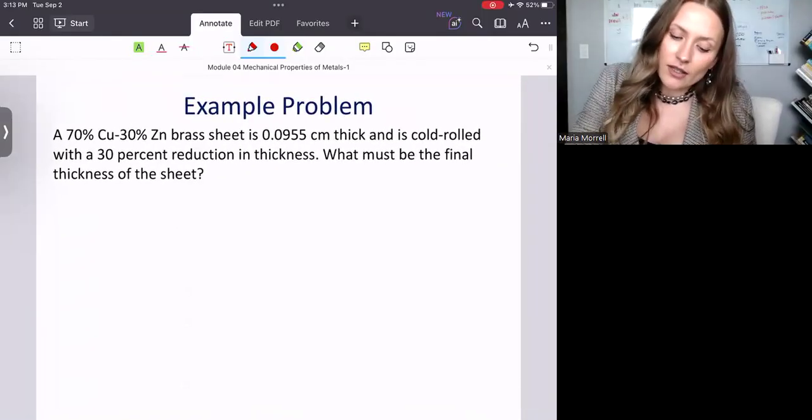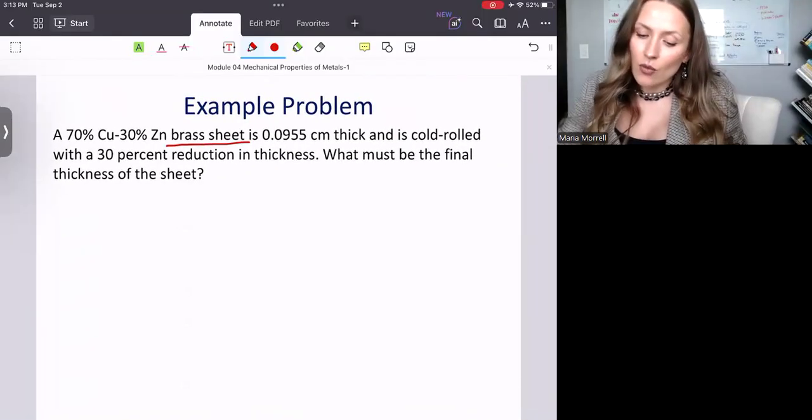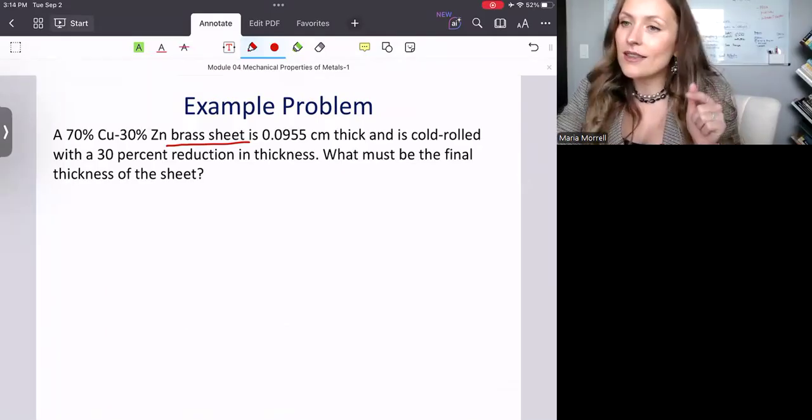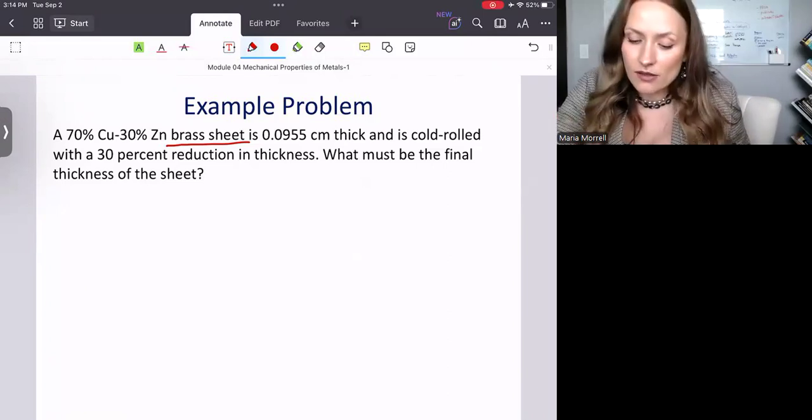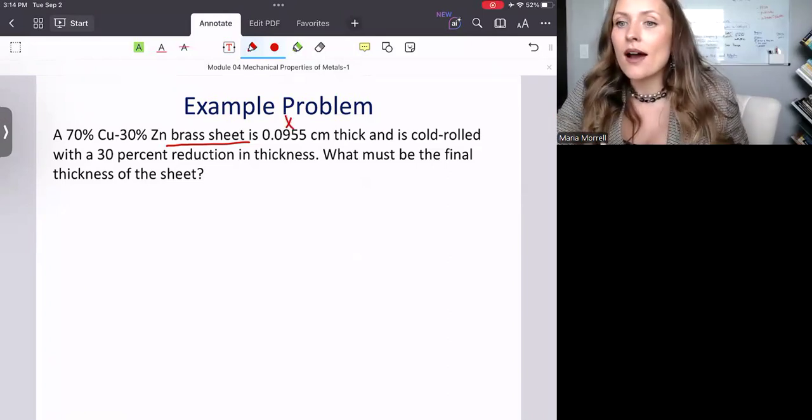We're looking at a brass sheet, which is 0.0955 centimeter thick and is cold rolled with a 30% reduction in thickness, okay? So you are looking at the final thickness. This is your x. Oh, what must be the final? Hold on.